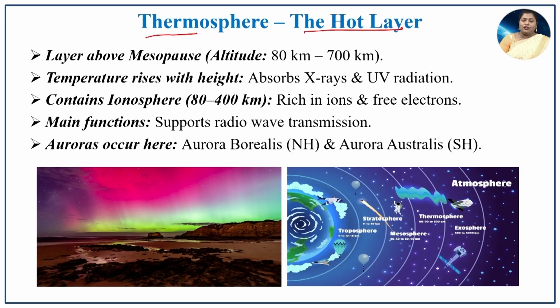The main function of this layer is it supports radio wave transmission, and this layer has the auroras, that means the aurora borealis in the northern hemisphere and aurora australis in the southern hemisphere. Ionosphere. The thermosphere is further bifurcated as ionosphere.